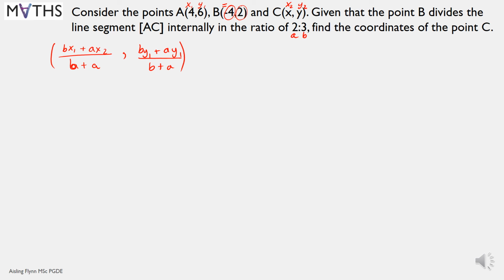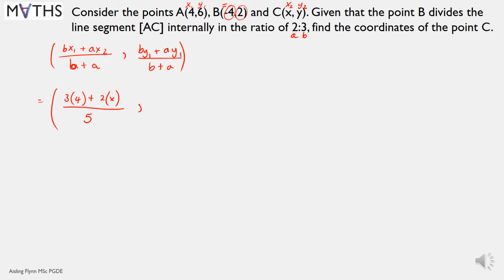So we'll start substituting like you normally would, but we have to put the right bit in the right place. So b is 3 times x1, 4, plus 2 times x2, which is x, over b plus a, 2 plus 3, is 5.